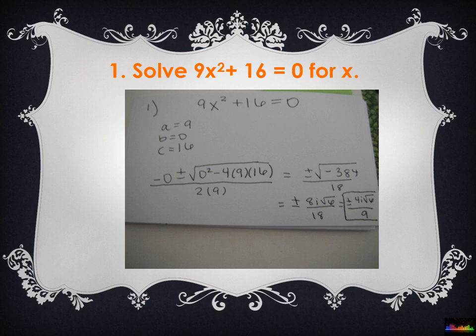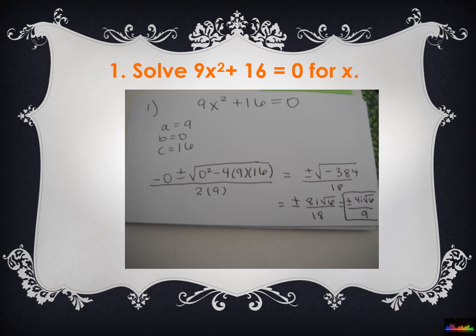If you have typed that into your calculator with the negative under the square root, you will get a syntax error. So we know that for the square root of a negative number, we can take out the square root of negative 1, which is i. So we take out i, and then we can put the square root of positive 384 in our calculators, and that gives us 8 square root of 6.